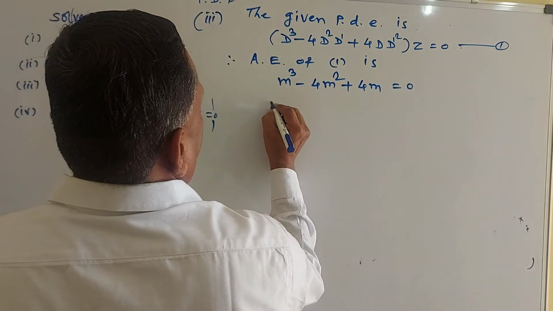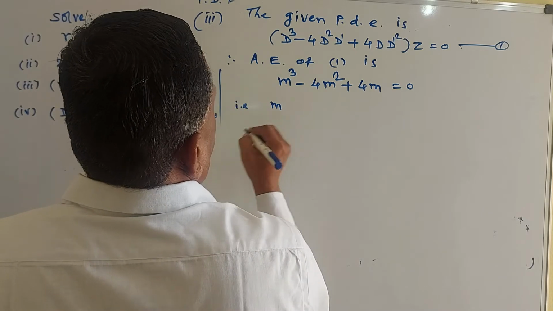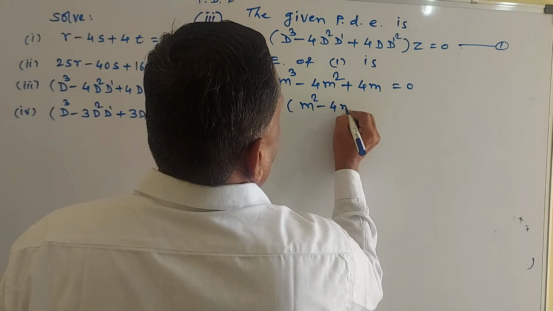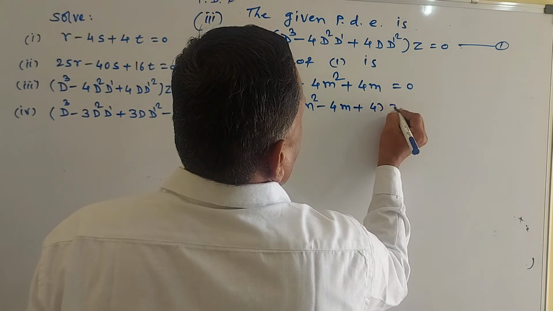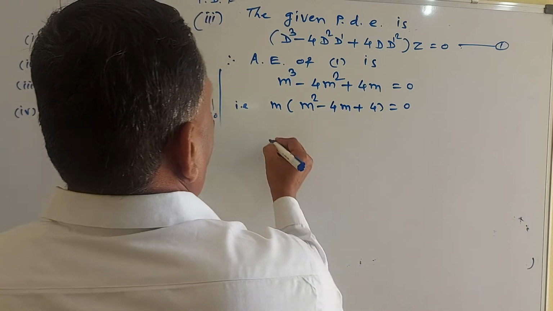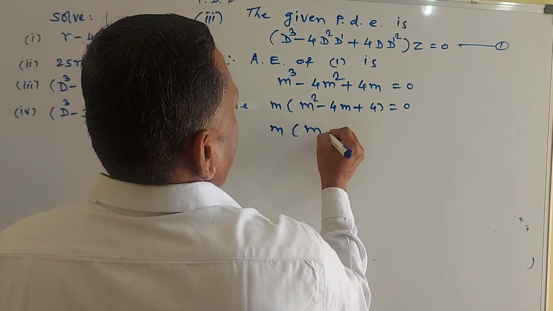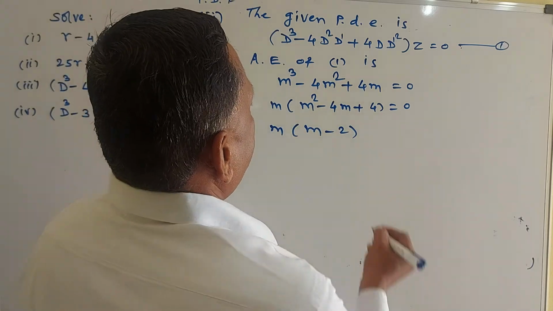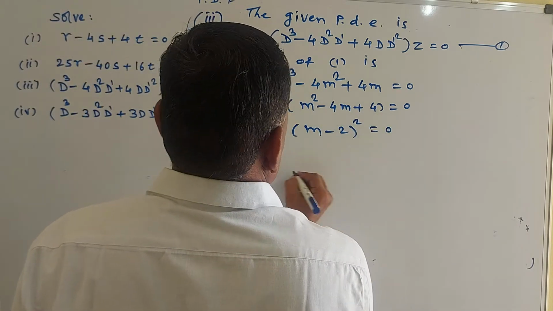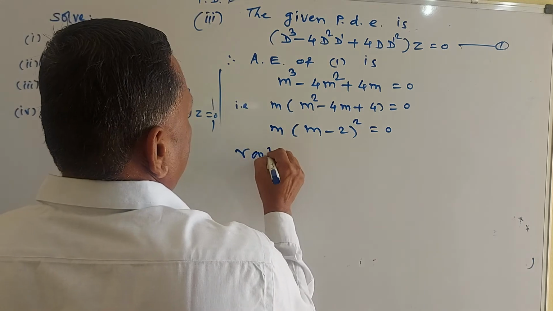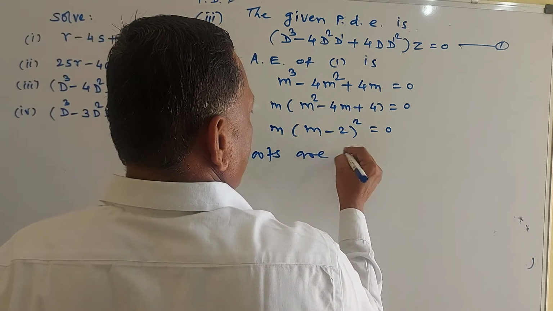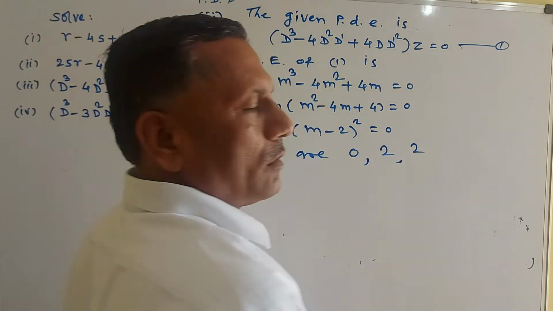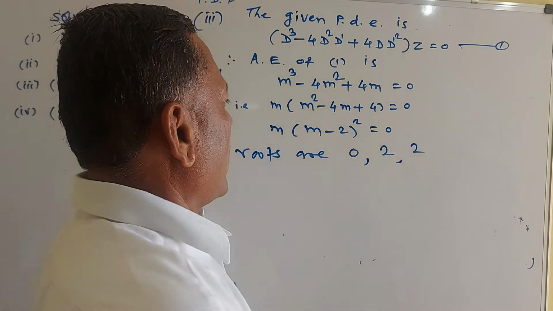So you take m common: m into (m square minus 4m plus 4) is equal to 0, or m into (m minus 2) square is equal to 0. Therefore the roots are m is equal to 0, 2, 2. So root 2 occurs 2 times.